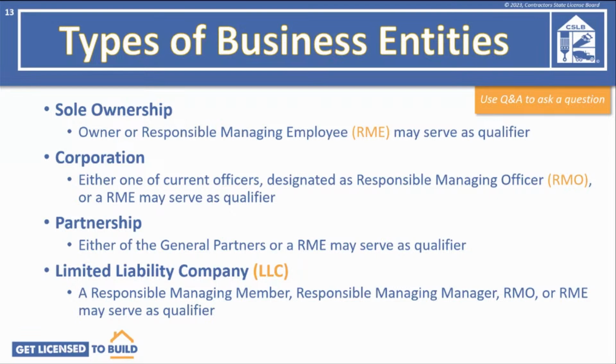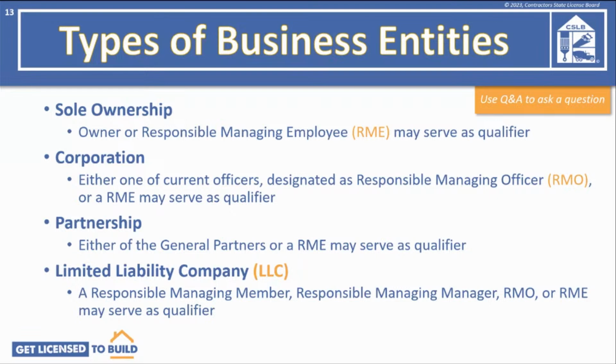Second, a corporation, where either of the current officers designated as the responsible managing officer or the responsible managing employee may serve as qualifier. Just under 1/3 of our licenses are corporations. A distant third is a partnership, where either of the general partners or a responsible managing employee may serve as a qualifier.